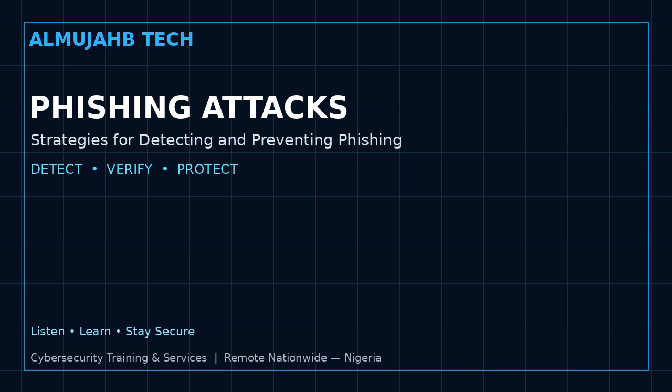This is where we stop for today, and by God's grace, we will continue in our next lesson on the strategies to identify phishing attacks, and how you can prevent yourself from it.